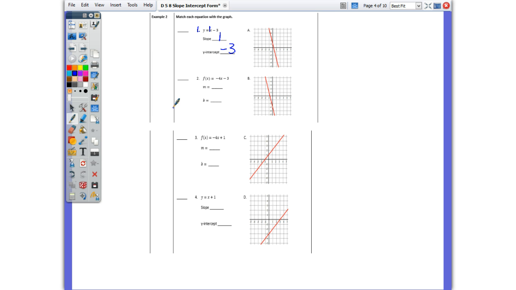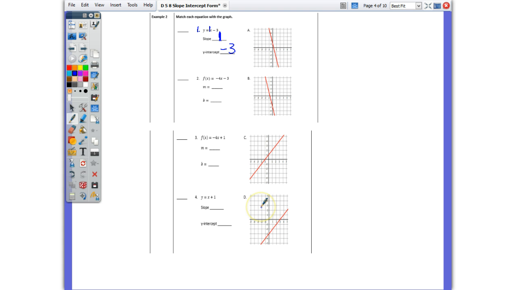My slope is a positive 1. So that means it can be which of the graphs? Which ones have a positive slope?